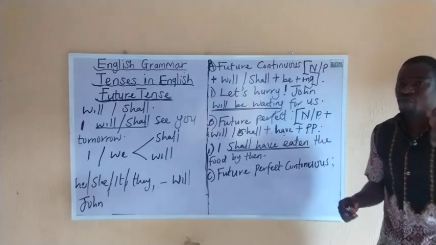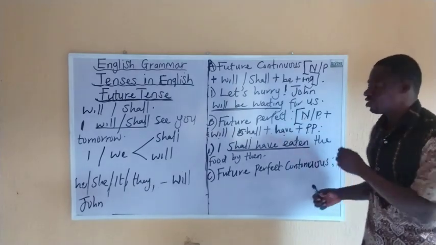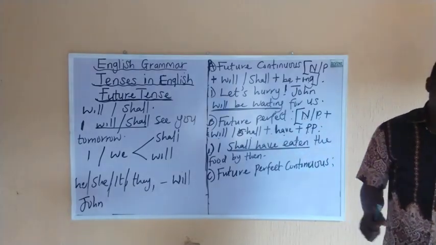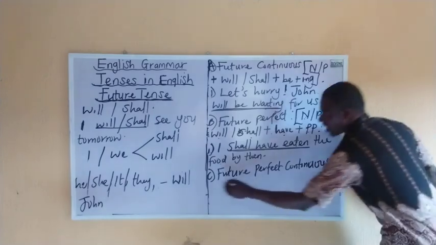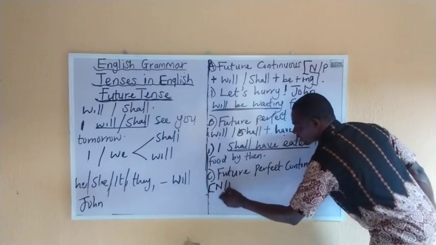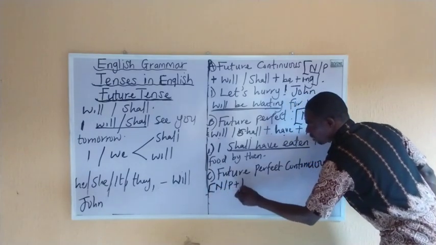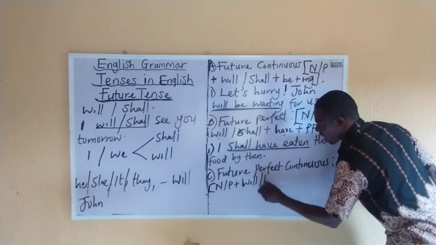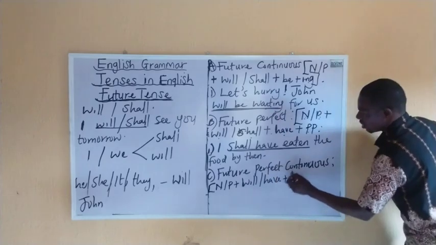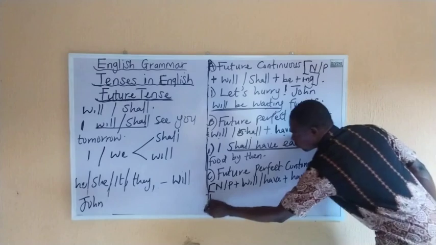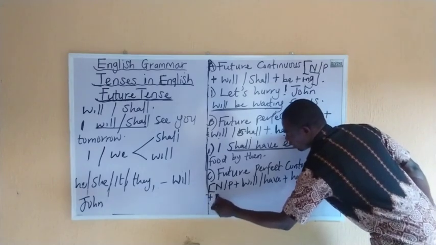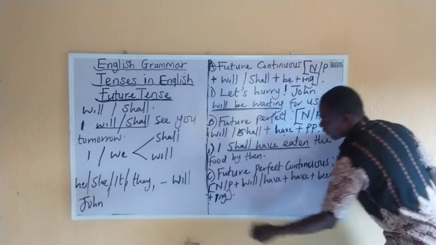In other words, I repeat, the future perfect continuous is used to show that an action will have lasted at a time in the future. Okay, fine. It has the structure N/P plus will have plus been plus ing.